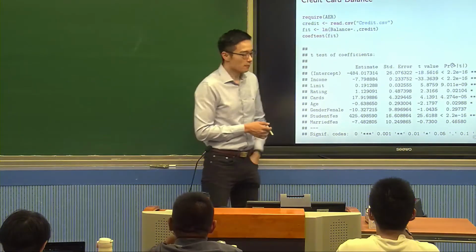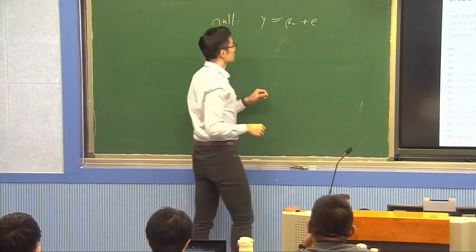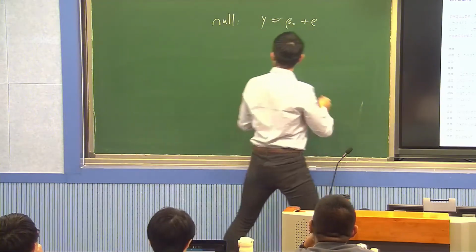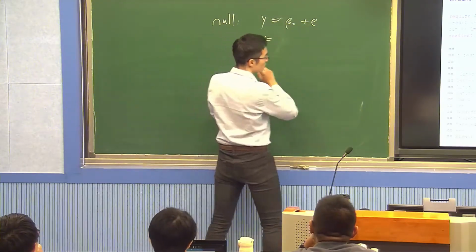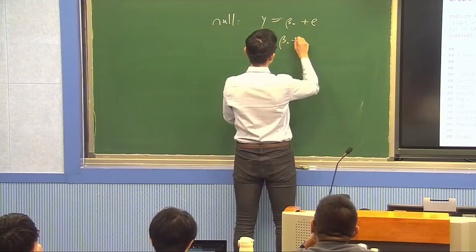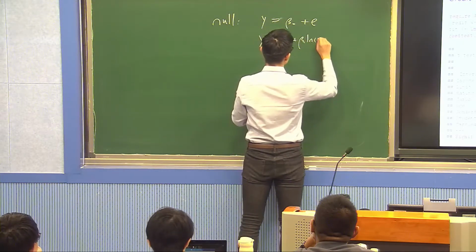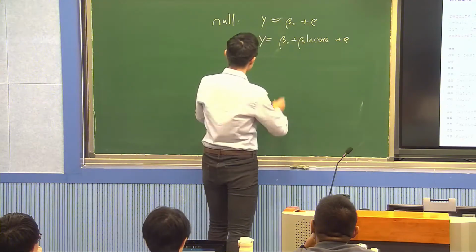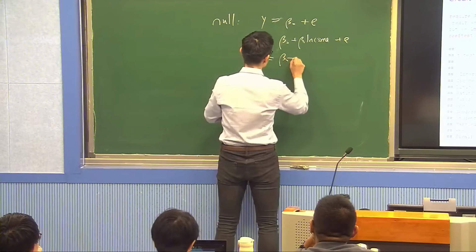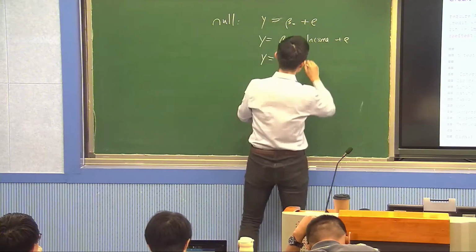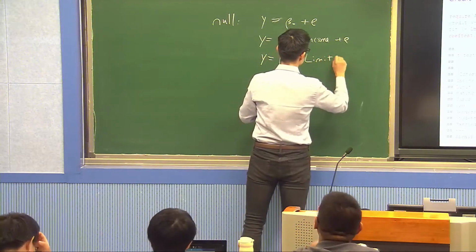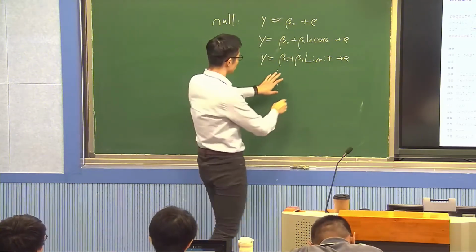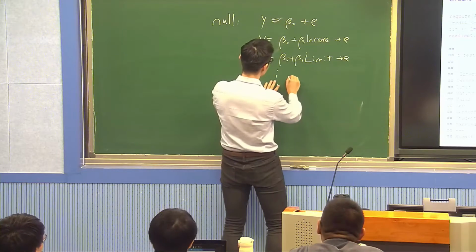Suppose I have, so that's the null model with no variable whatsoever, right? And then we have y equal to beta 0 plus beta 1 income plus e. That's another model. What else do we have? We have y equal to beta 0 plus beta 1 limit plus e, okay? And continue, go on and on, so we can have all the other variables. We can also have two variables.